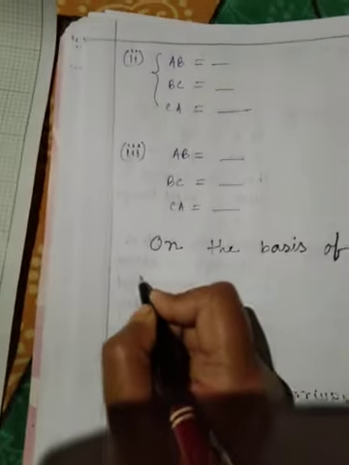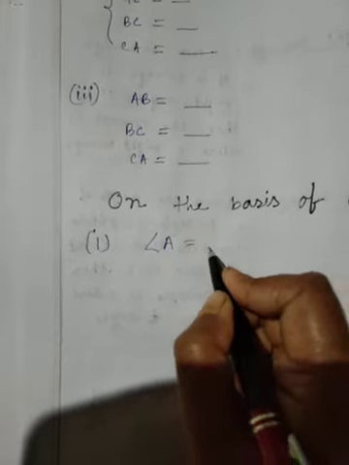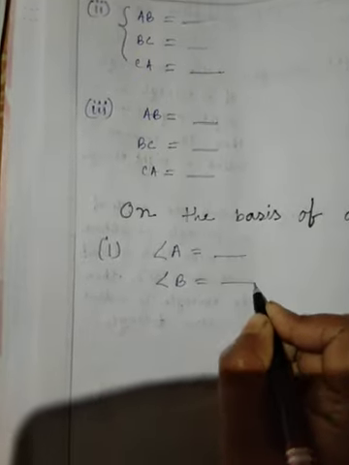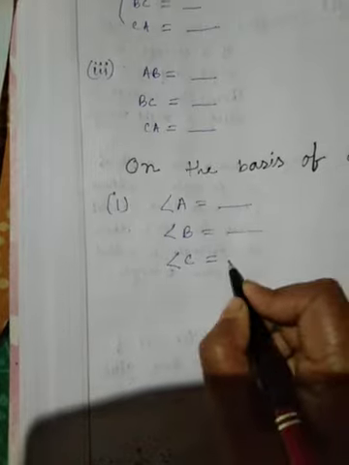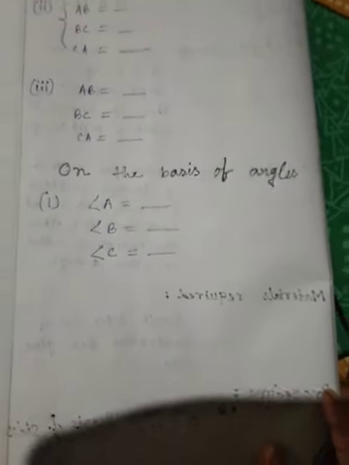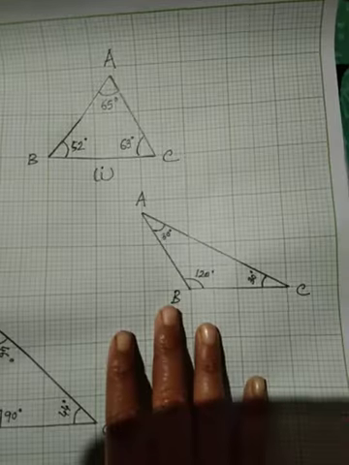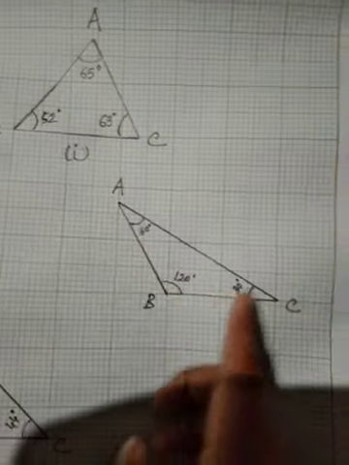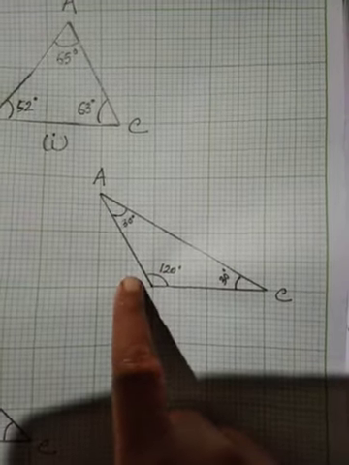So on the basis of angles, first from figure 1, angle A, how much value are you getting? That part you have to write. From angle B, how much angle measurement you are getting, and from angle C also, that part you have to write. In the same way, from figure 2 I have got one angle of 120 degrees, and the other 2 are 30 degrees each. So at least one angle we have got is greater than 90 degrees.